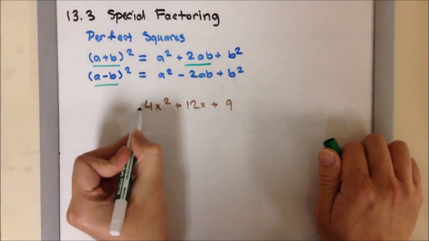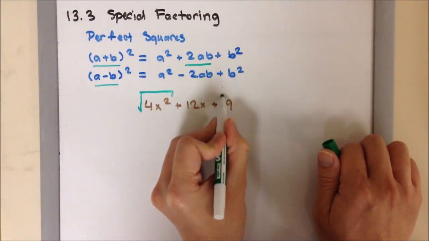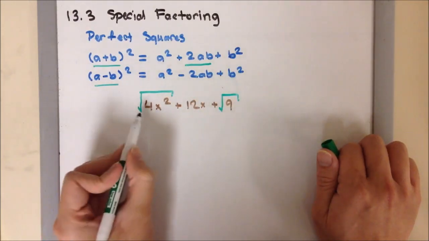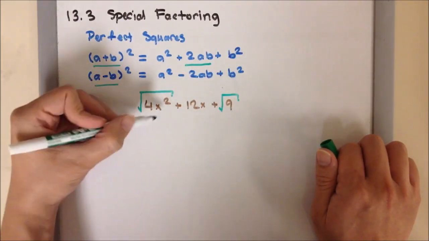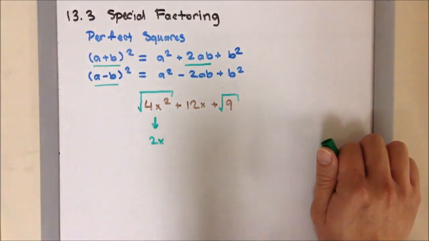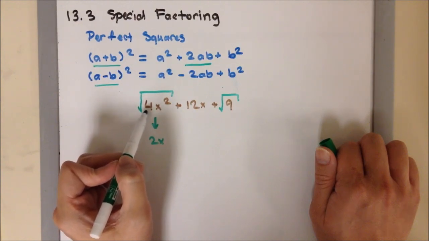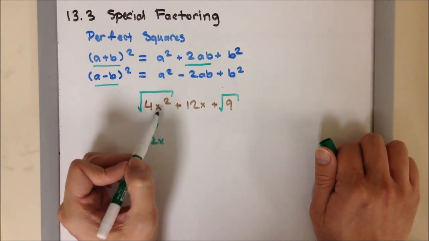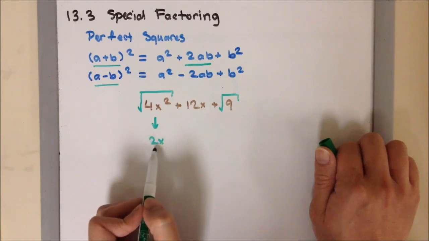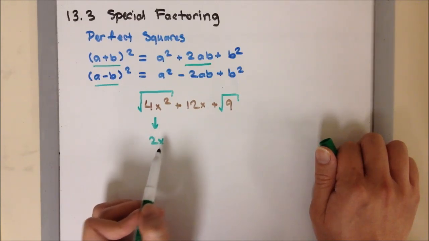So it may follow the first form. So let's check. I'm going to do the square root of the first term and then the square root of the last term. The square root of 4x squared is simply 2x. If you do the square root of the individual parts, meaning the number and then the x squared, you simply get the 2 with the x and put it together as 2x.